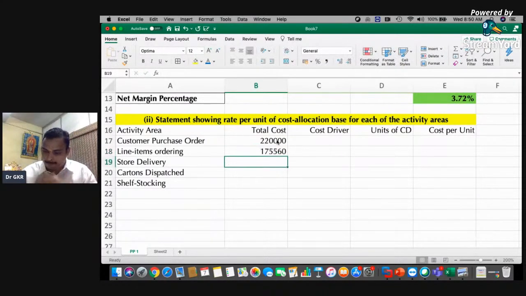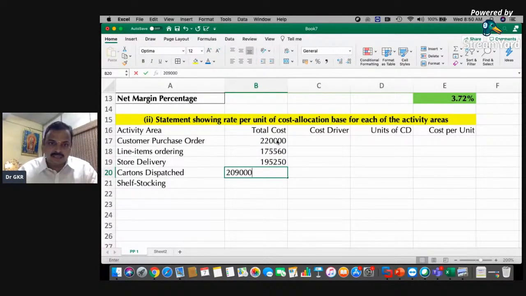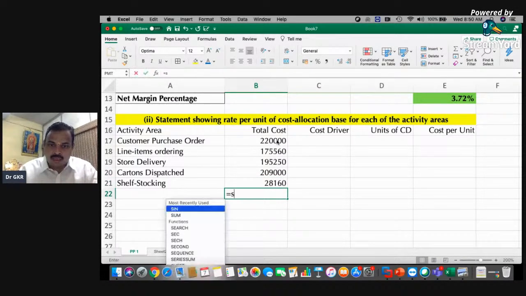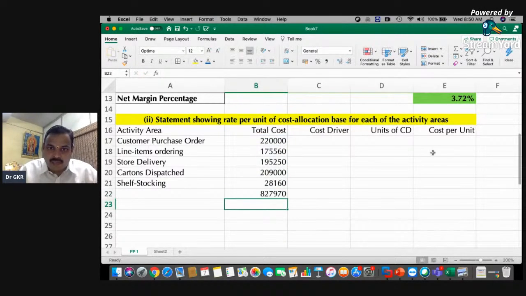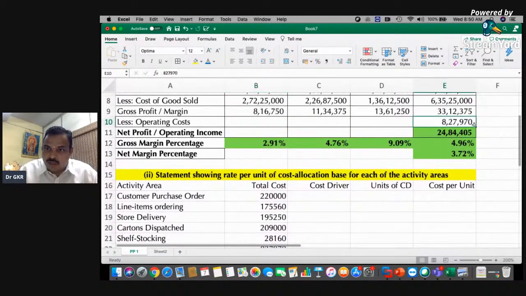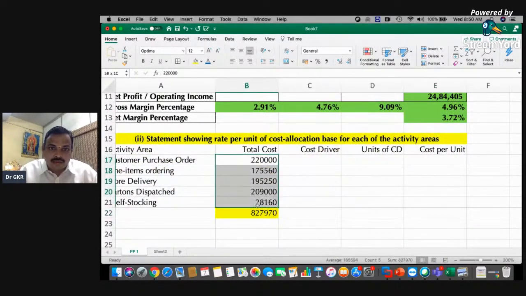Then you have 1,95,250. You have 209. Everything is given in the question. So 28,160. Remember, guys, the total of this is 8,27,970. This 8,27,970 is here. Okay, so this is your total cost.